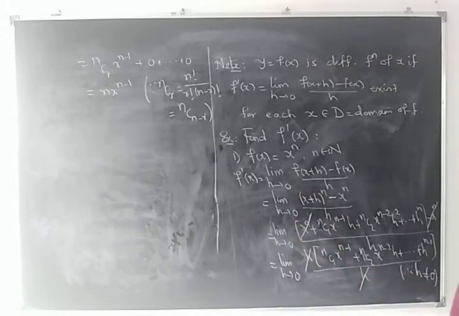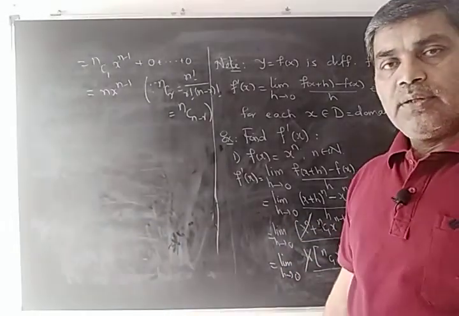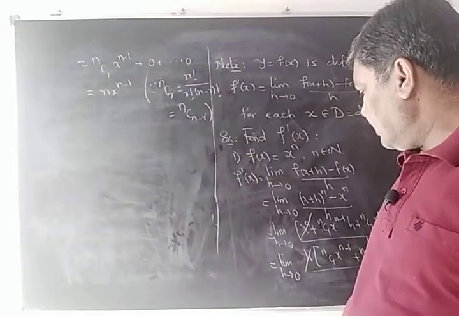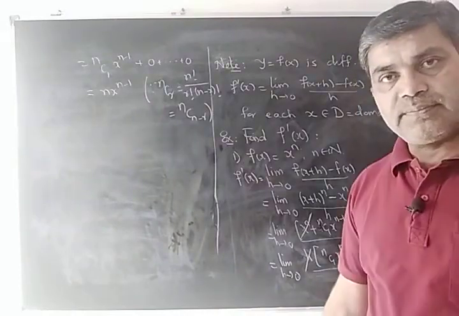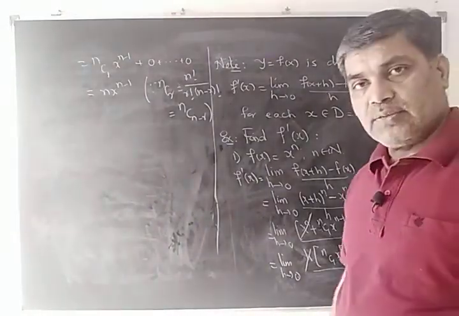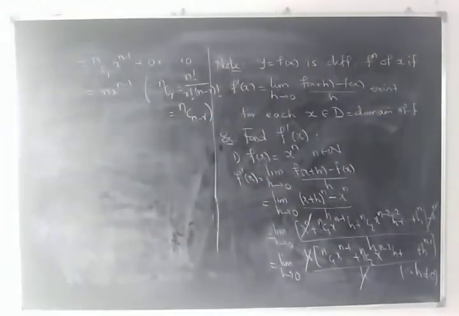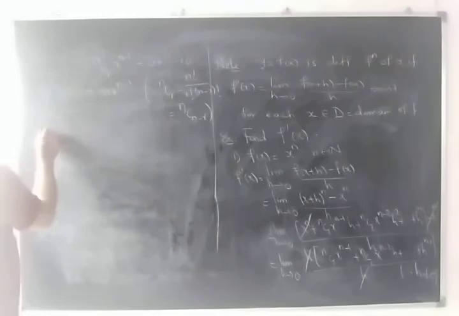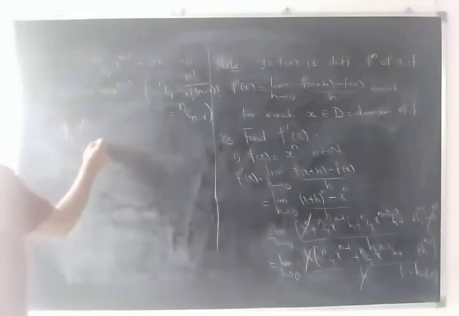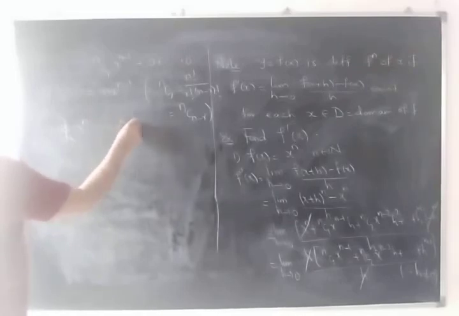So in this way, we have evaluated the limit. Therefore, dy/dx of x^n is equal to n into x^(n-1), n belongs to N.